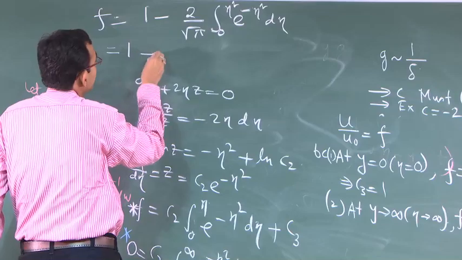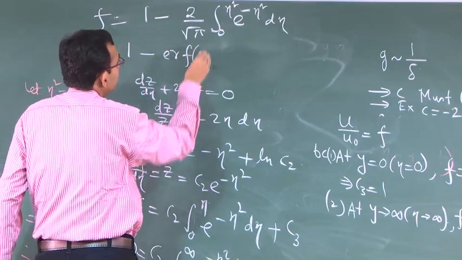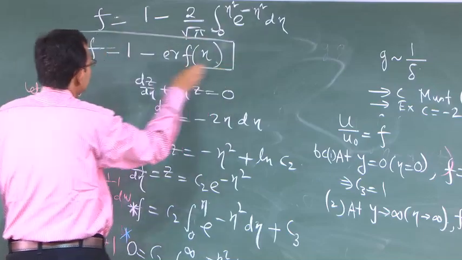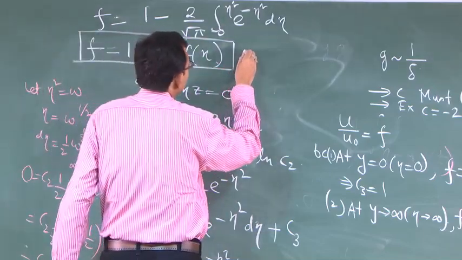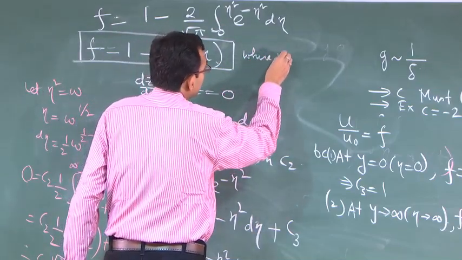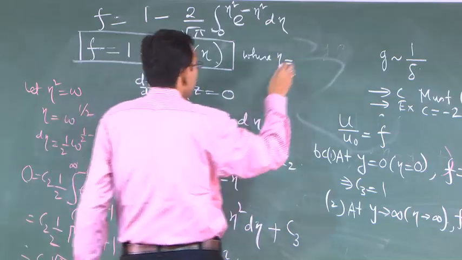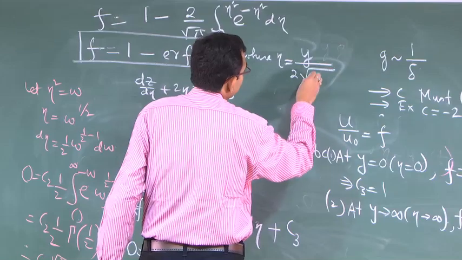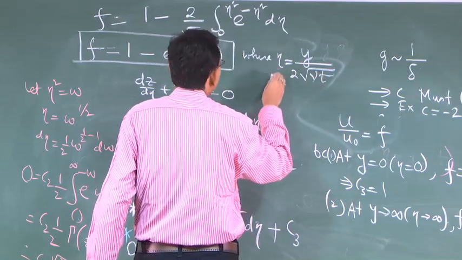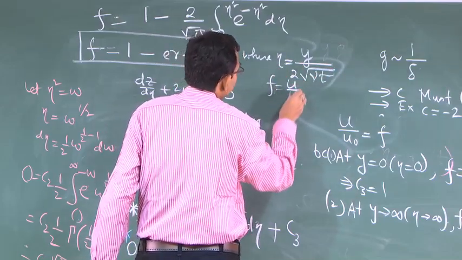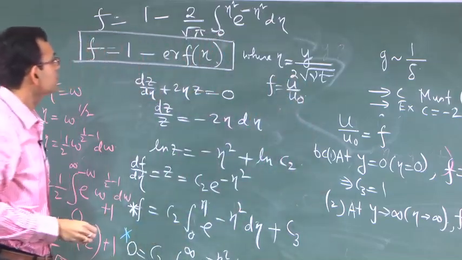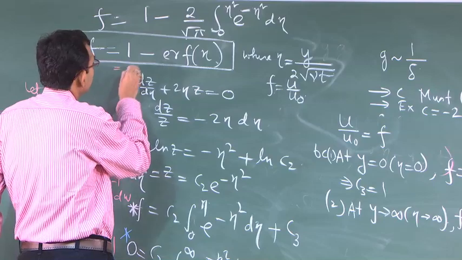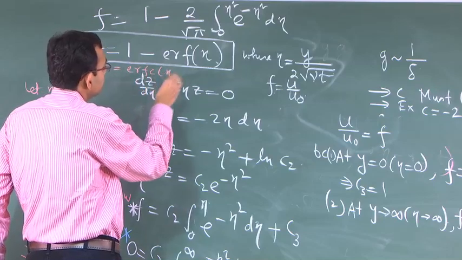So, this by definition is called the error function of eta. So, this is the solution of the problem where eta is equal to y by 2 root over nu t and f is u by u0. This is also known as the complementary error function or ERFC eta.